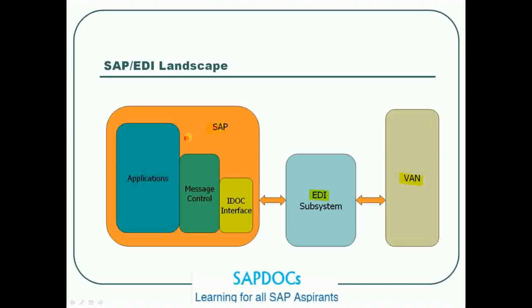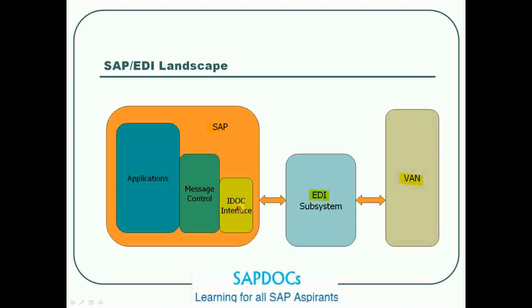Within SAP, there are three major components involved in this EDI transmission process, which is outbound as well as inbound. They are applications, which are business transactions that users use on a day-to-day basis; the message control, a part of which users see as part of data setup; and the IDOC interface, which is hidden from the users.